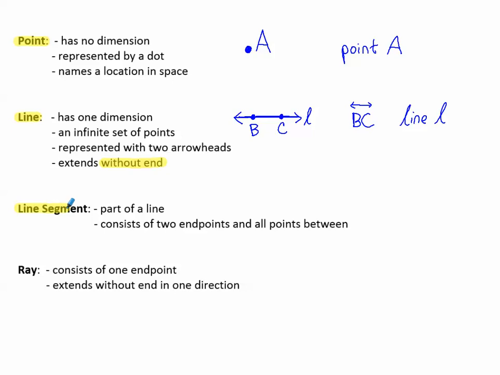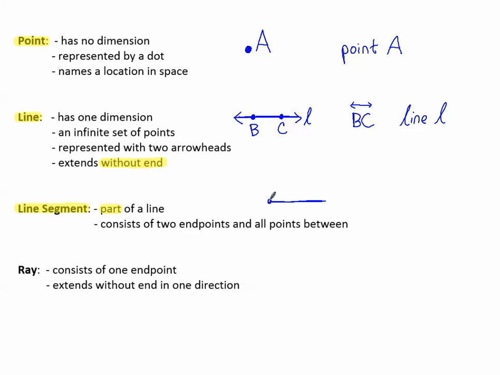A line segment is a part of a line. It consists of two endpoints and all points between. So when I draw a line segment, it'll just be the set of points that I'm connecting to make it look like a straight line, but not a line because I don't show arrowheads.